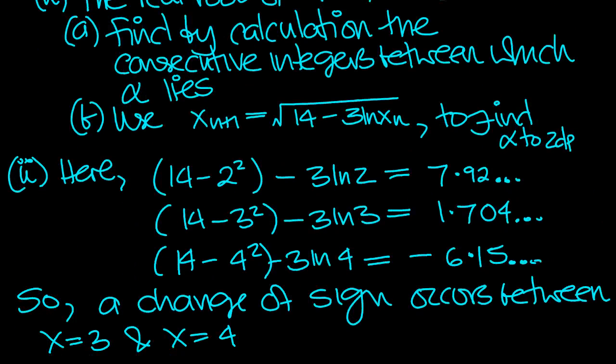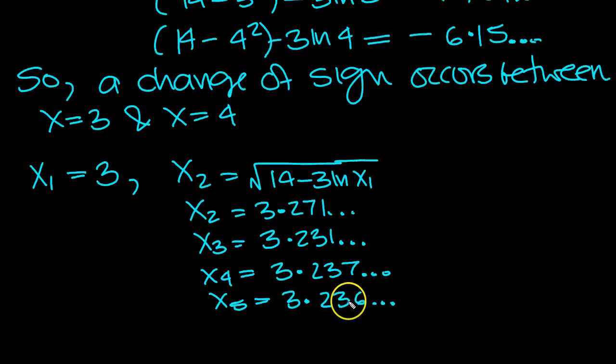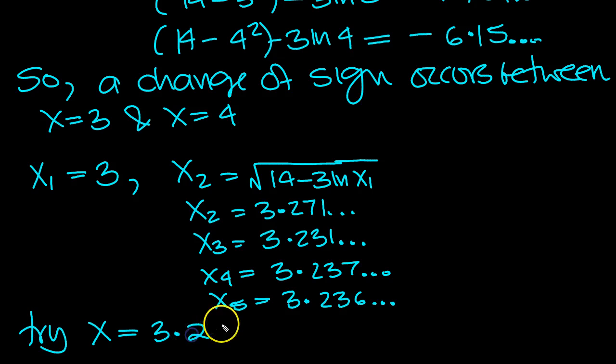So use this to find alpha to 2dp. So it seems as though we're settling around 3.23, doesn't it? Or 24 rather. So we're going to try x equals 3.24 to 2dp. So let's work that out then.